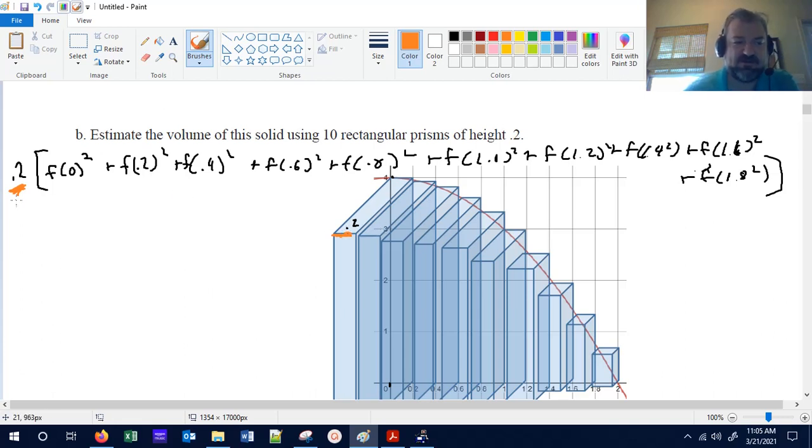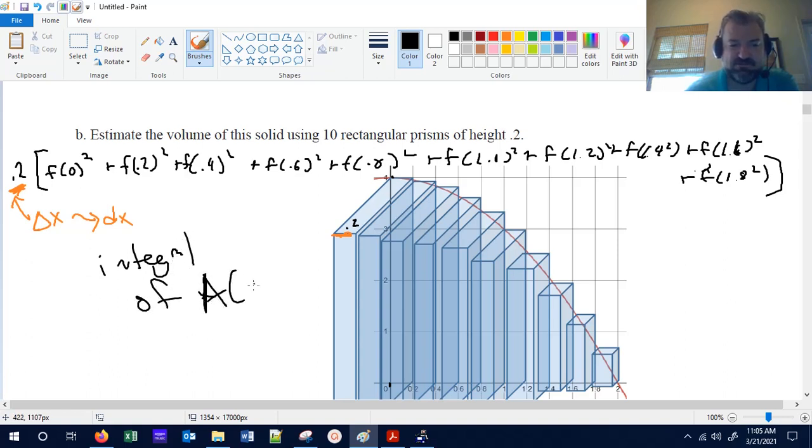But if I factor it out, this is the change in x, what I call the delta x. Well, if I take a limit where I send that to 0, then it becomes the dx. So there's our dx. And this here was simply f of x squared. So we can simply use an integral of the area function squared.